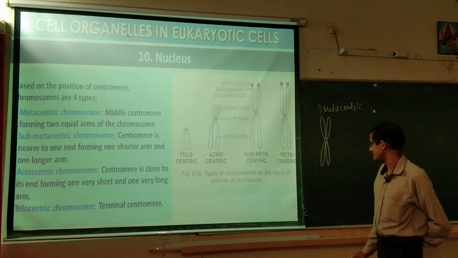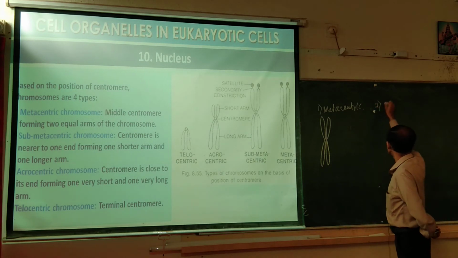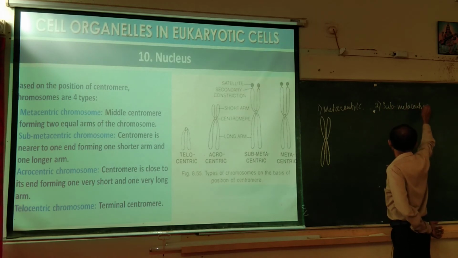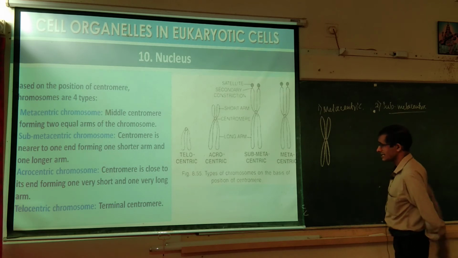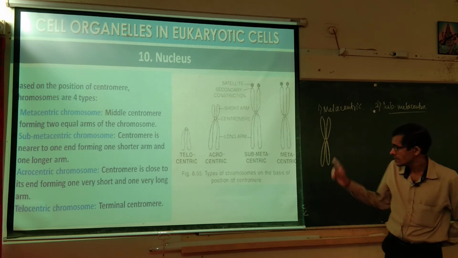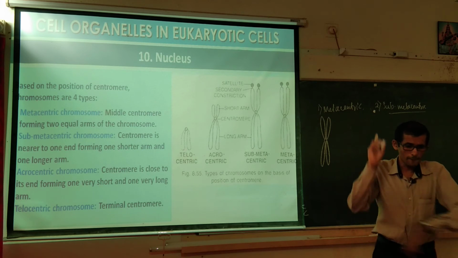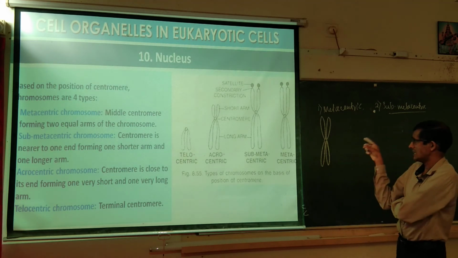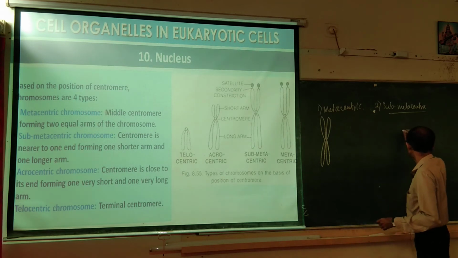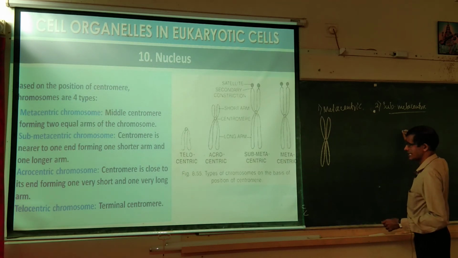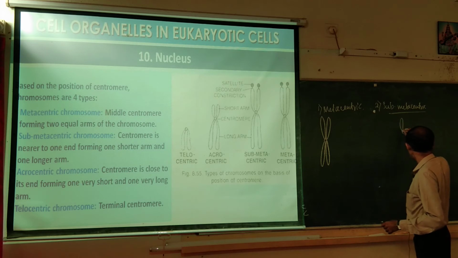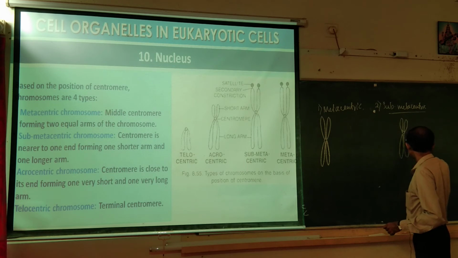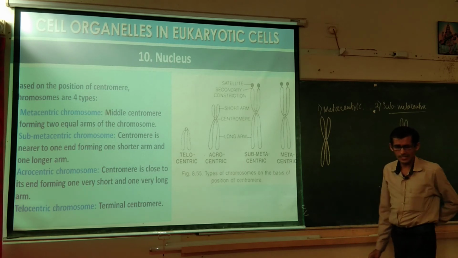Then the second one, submetacentric. What is this? Here the centromere is present but nearer to one end, forming one short arm and one long arm. It is almost near the middle but has one short arm and one long arm, so it is called a submetacentric chromosome.